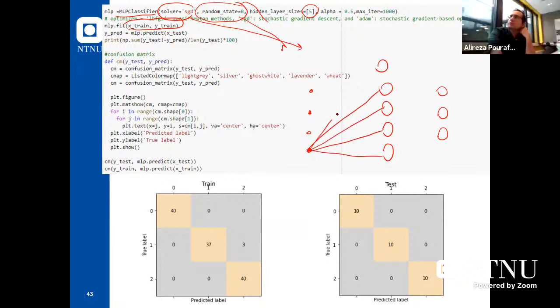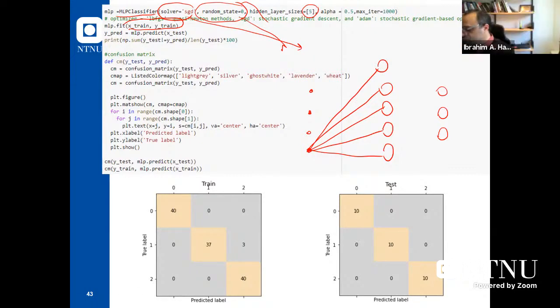Do we have batch gradient or just a stochastic gradient as the solver? I used the stochastic gradient descent, in fact, and I didn't specify any batch size here.